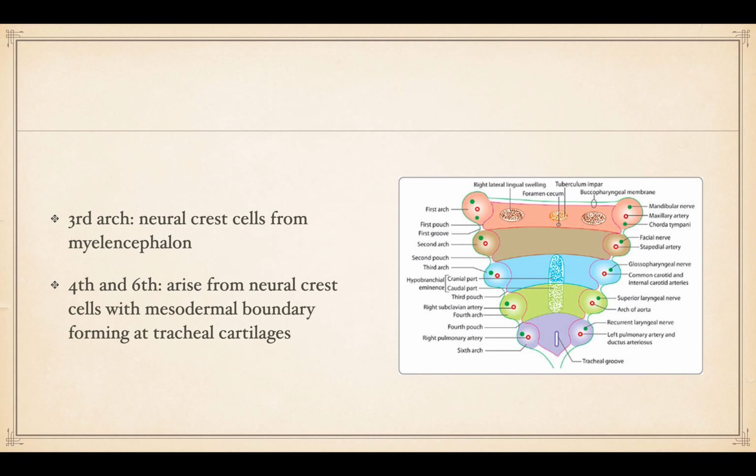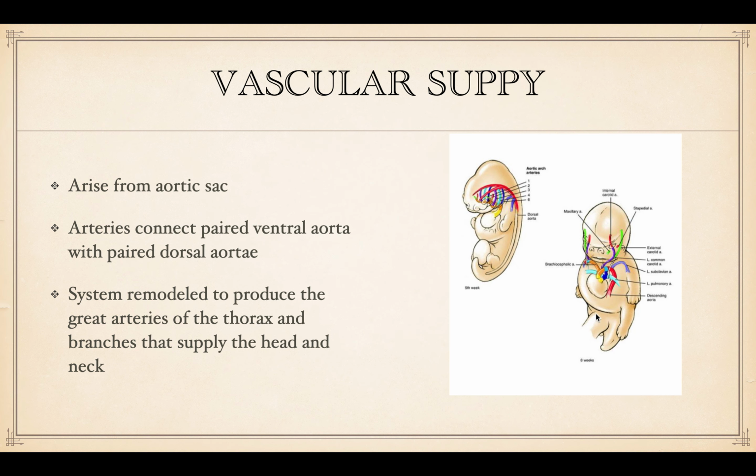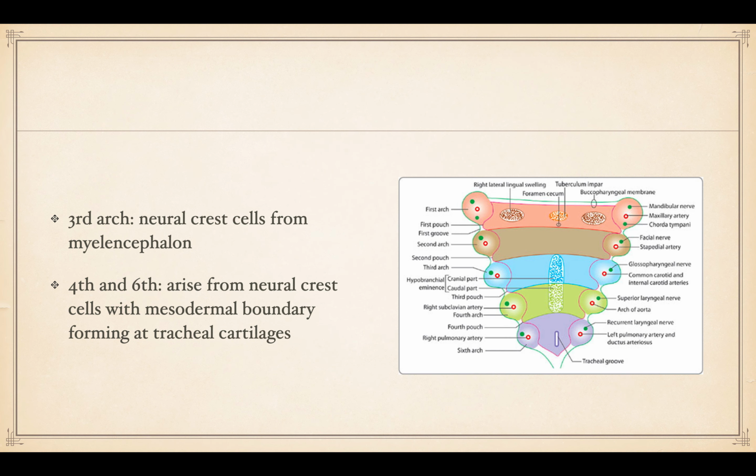The third arch's neural crest cells are going to come from the myelencephalon. Then the fourth and sixth will come from neural crest cells, and there's going to be some mesodermal boundary forming at the tracheal cartilage. So around the tracheal groove, the tracheal cartilage will eventually form.